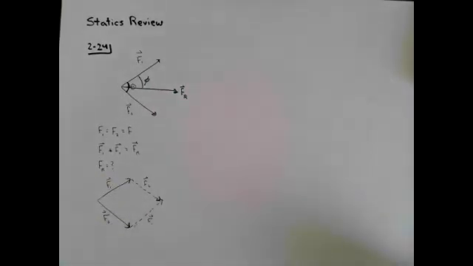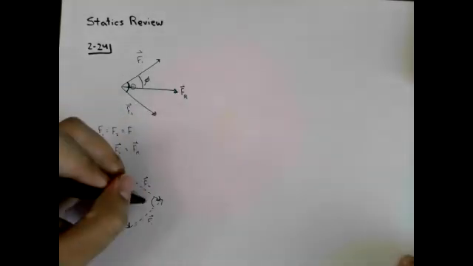So the parallelogram tells us that the opposite angles should be the same. So if this is theta, then that means that this one is also theta. So that's one of the cool things about the parallelogram law, that it allows us to find angles. Another thing we know is that the sum of angles in a parallelogram or any other quadrilateral is 360 degrees.